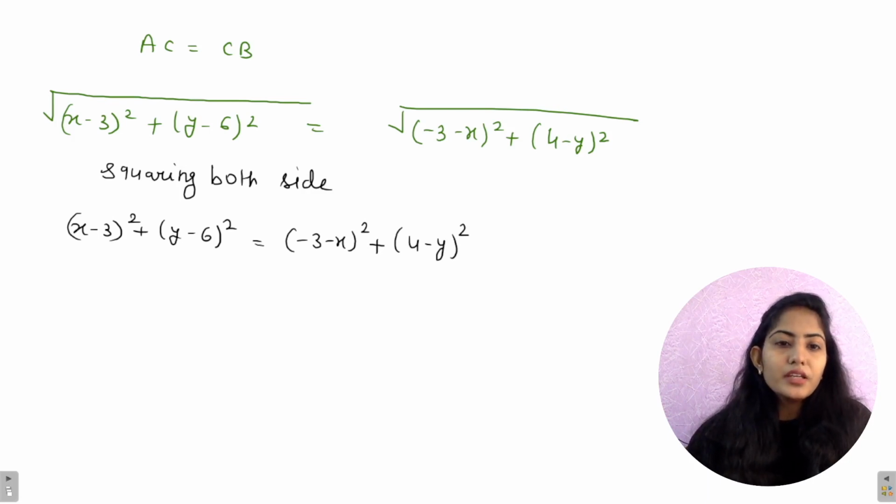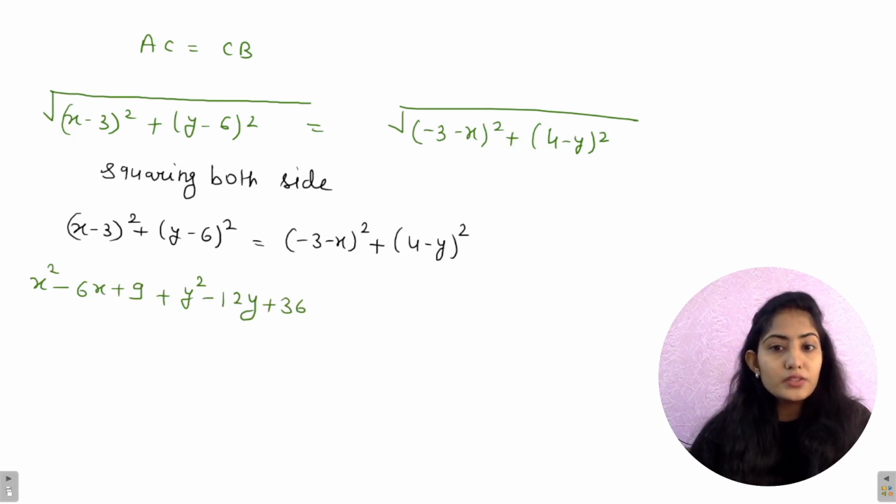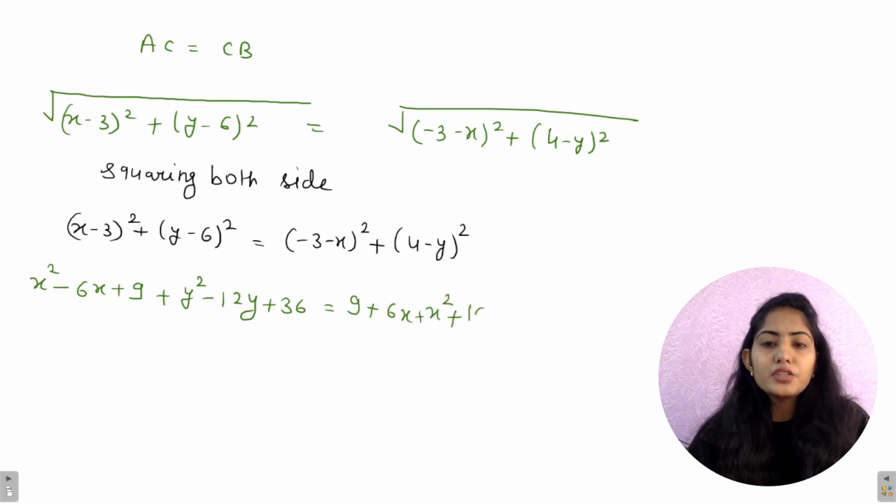I'm using it: x square minus 6x plus 9 plus y square minus 12y plus 6 square, that is 36, is equal to 9 plus 6x plus x square, plus 16 minus 8y plus y square.